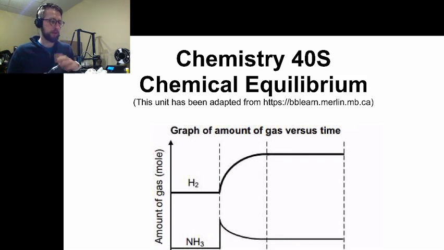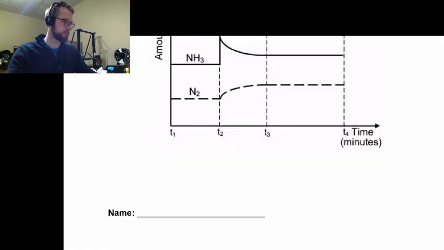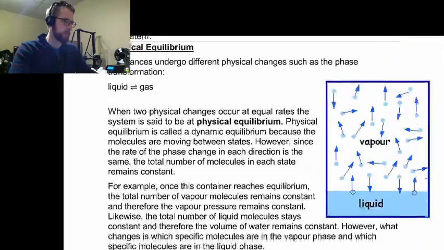So before we get that far, let's use this little blank page here, because I would like to propose an idea to you. If the rate of a chemical reaction depends on concentration, right?